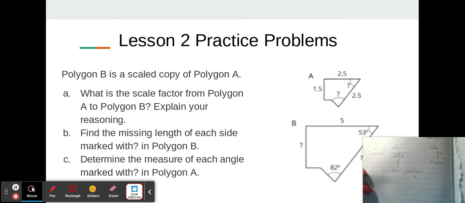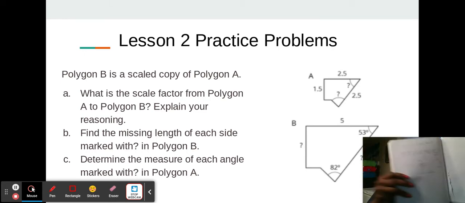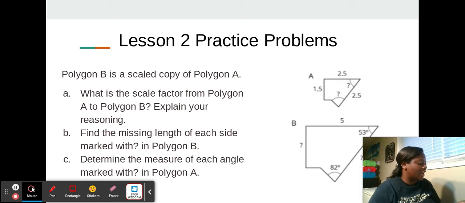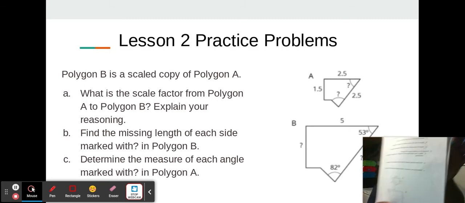If our figure was 2, 4, and 1, with a scale factor of 2, our figures moved up to 4, 8, and 2. So we said that scale factor was just that middleman. It was the number that we were multiplying our original by. Okay? So what's the scale factor?